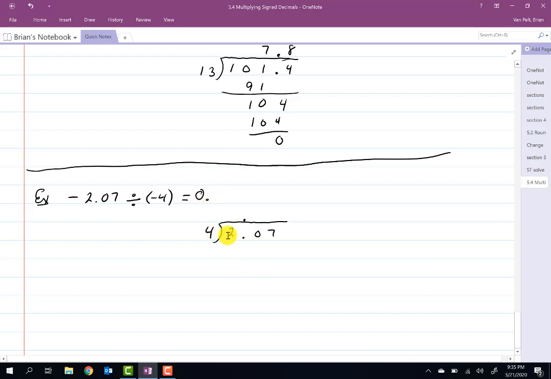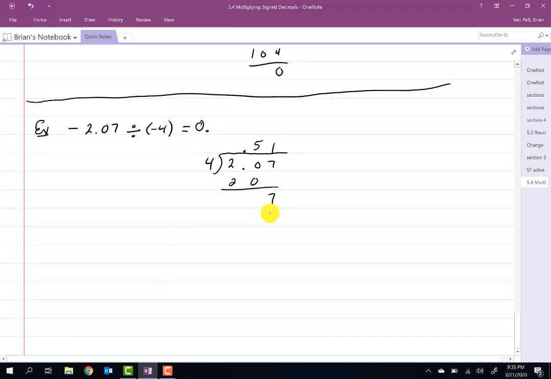Anyways, 4 then goes into 20 5 times. 20 minus 20 is 0. I can bring down the 7. 4 goes into 7 1 time. Subtract. And now all hope is not lost.